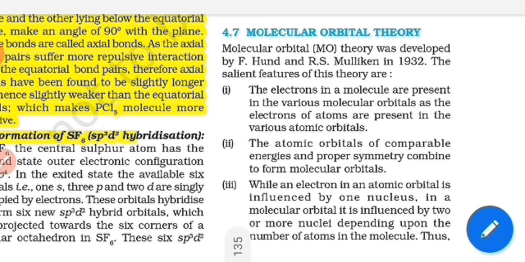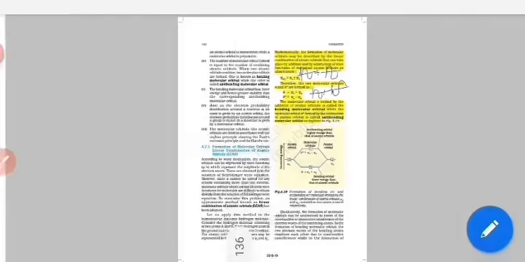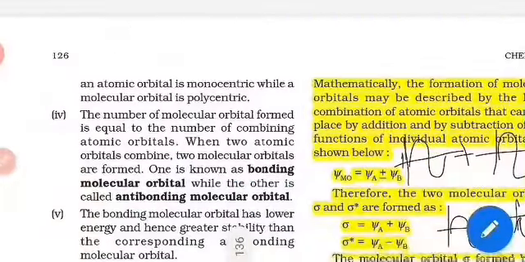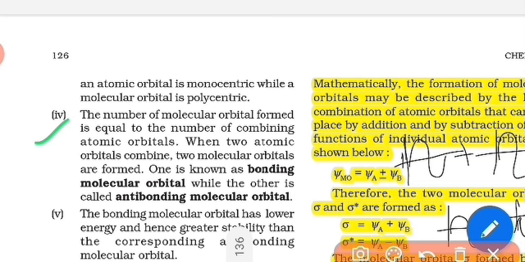So as one electron in an atom is in the attractive force of the nucleus, similarly, according to this theory, electrons of a molecule are in attraction of the nuclei of all the atoms which are present in that molecule. Thus, an atomic orbital is monocentric while a molecular orbital is polycentric.